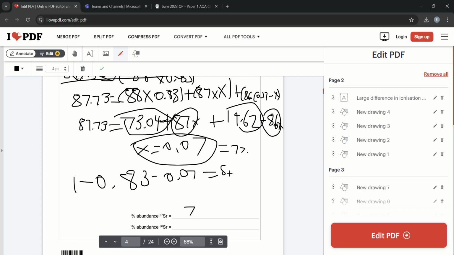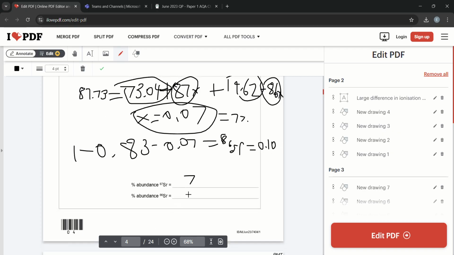That will give me 0.10, which is obviously 10%.